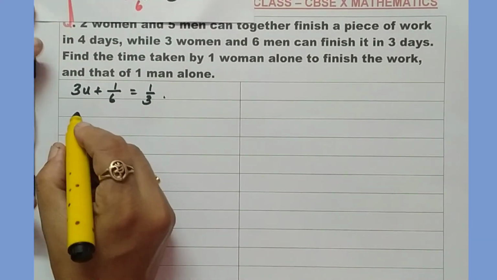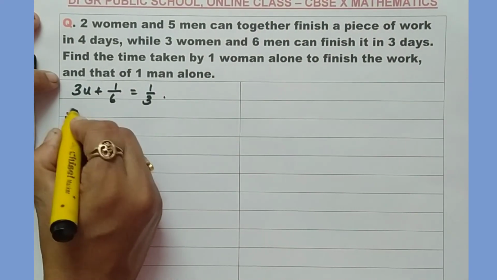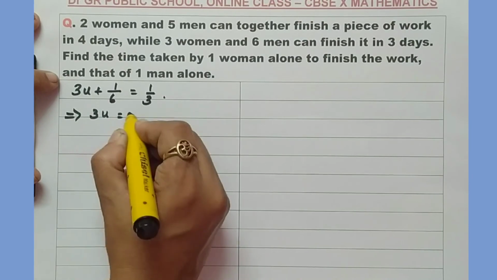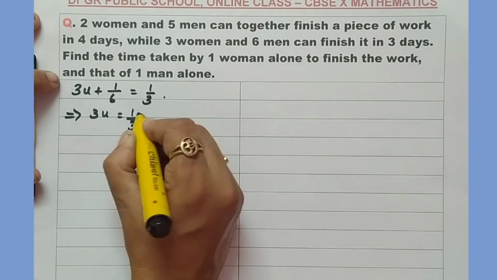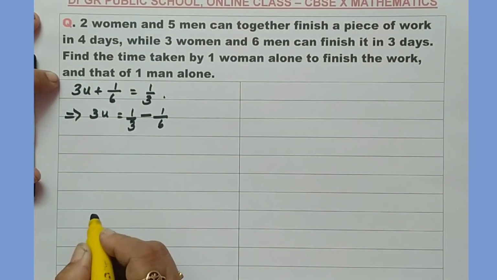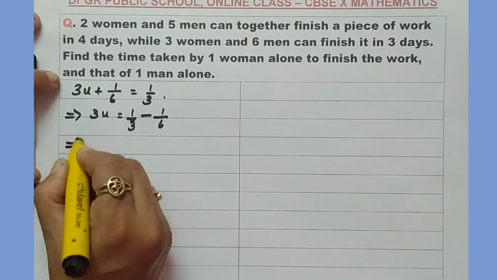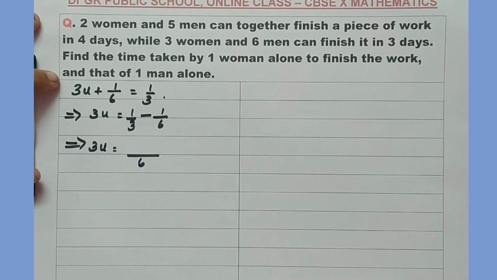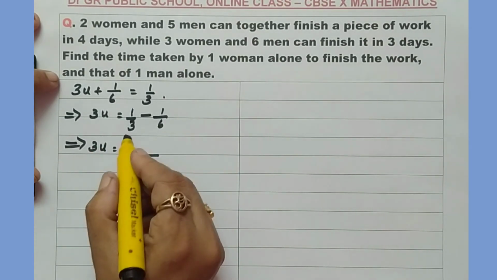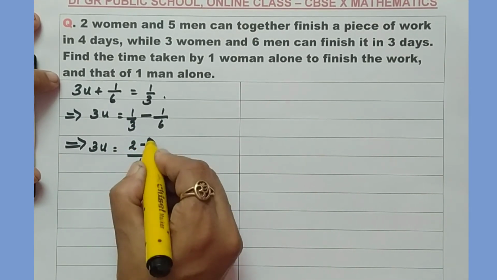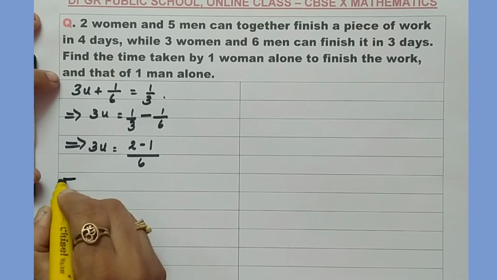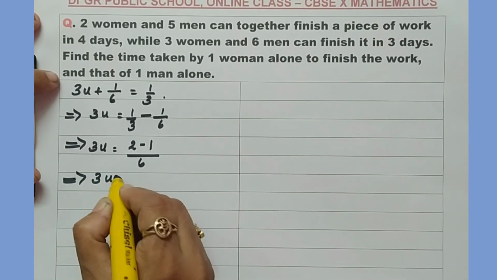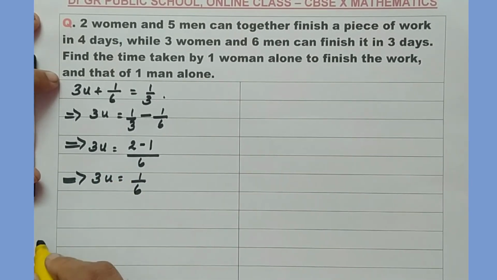Which implies 3u equals 1 by 3 on the right side, plus 1 by 6 goes to the right side and becomes minus 1 by 6. Which implies 3u equals, I am going to take the LCM as 6. 6 divided by 3 is 2, 2 into 1 is 2, 2 minus 1. Which implies 3u equals 1 by 6.